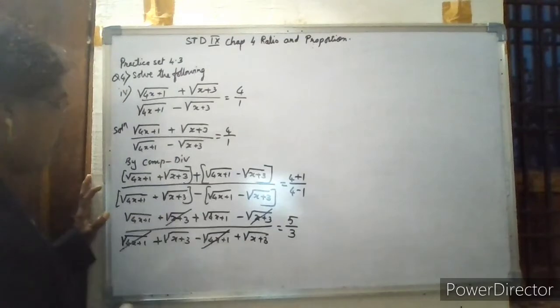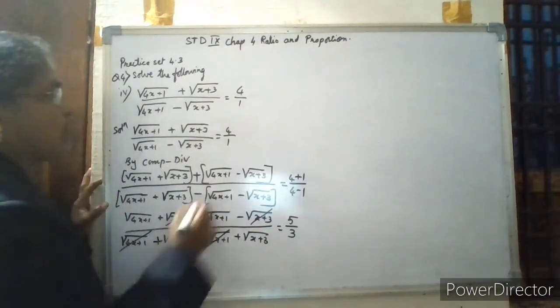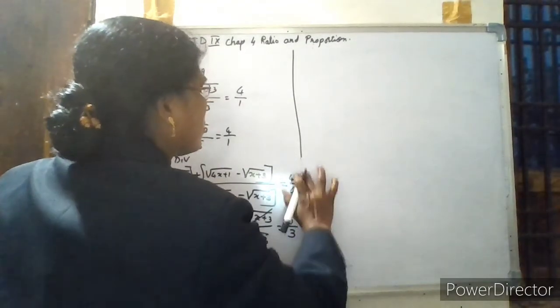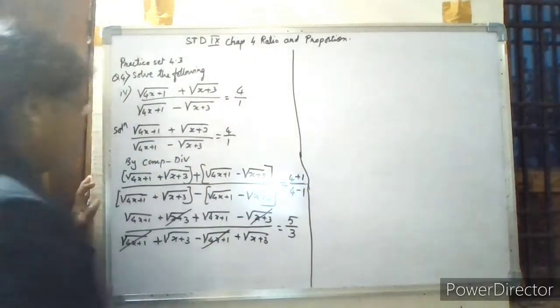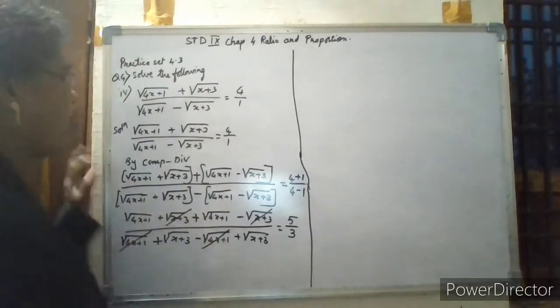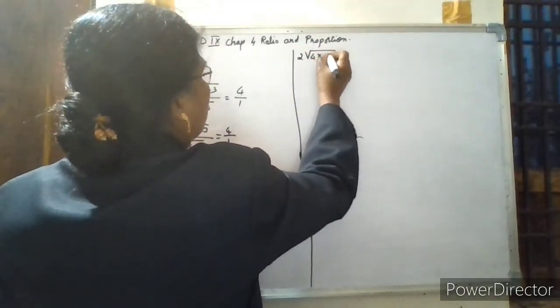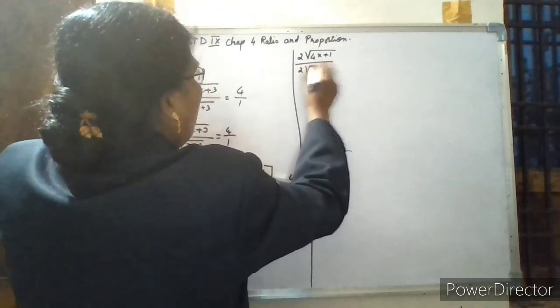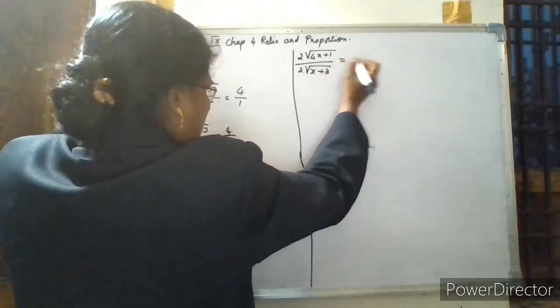So we are left with, like the previous question, in the same manner, 2 times of root of 4x plus 1 upon 2 times of root of x plus 3. This is equal to 5 by 3.